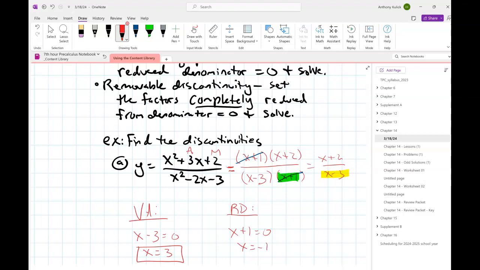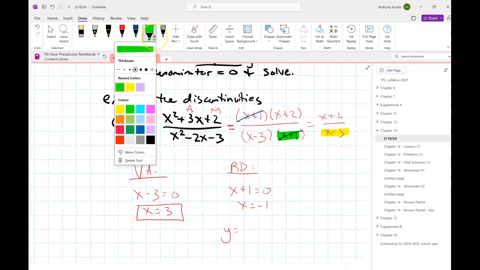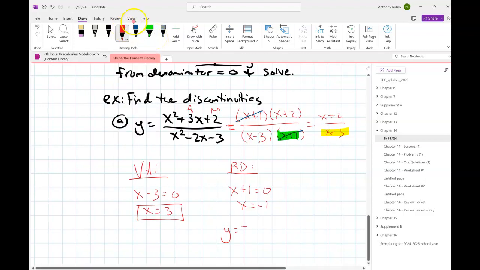But a removable discontinuity isn't a vertical line like a vertical asymptote is. It's a point. How do I find the y coordinate for that point?